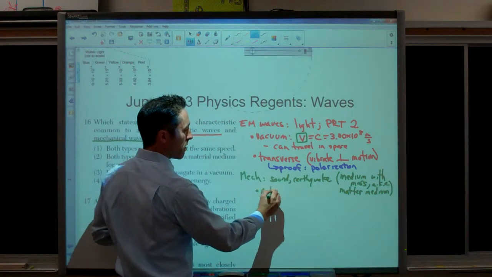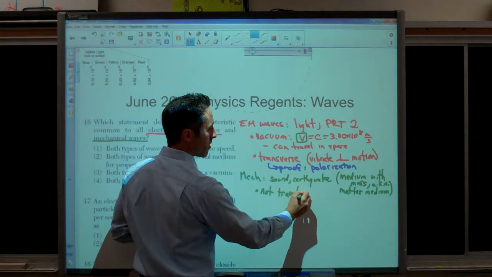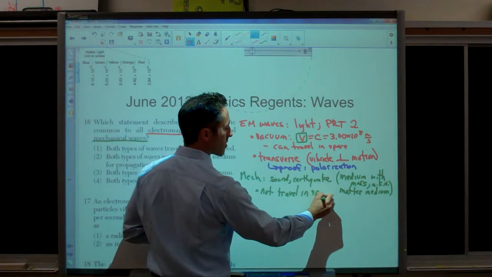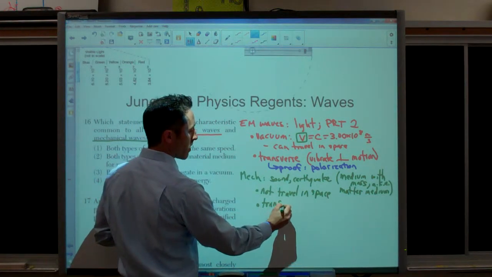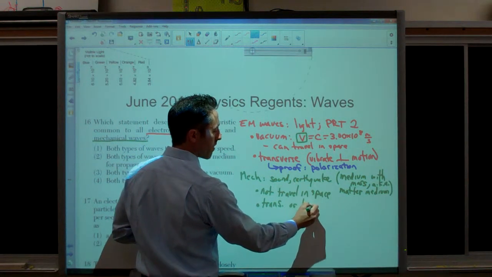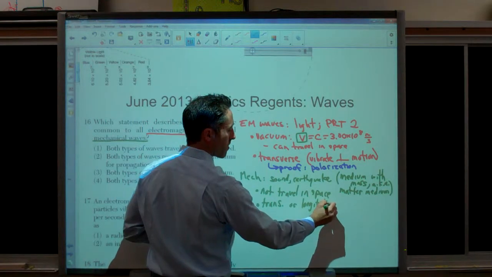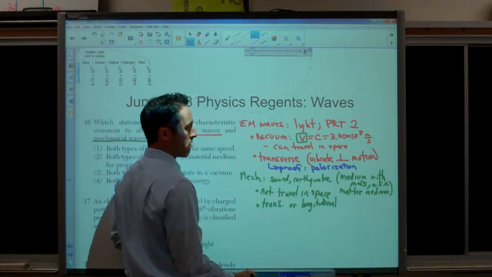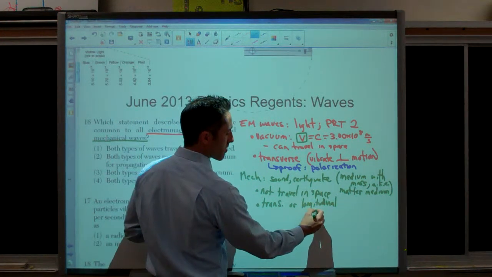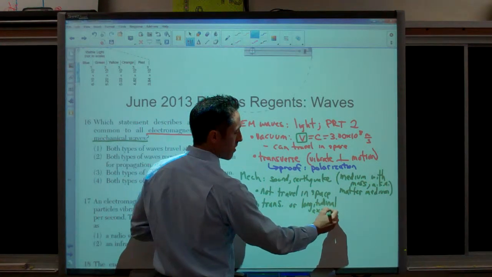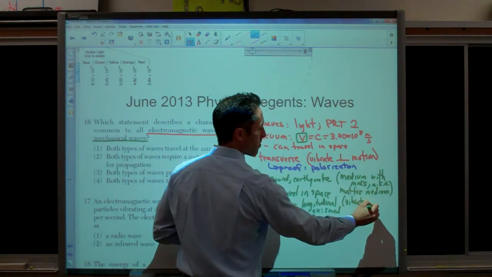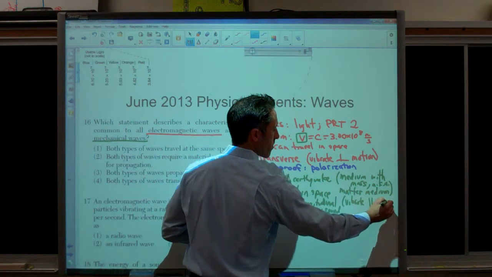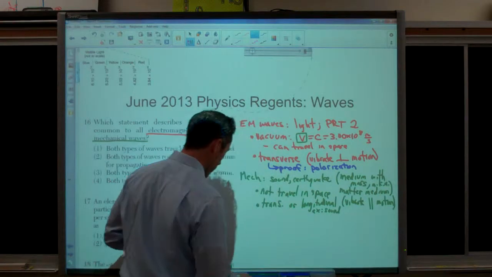They do not travel in the vacuum of space, and they can be, depending on the type, transverse or longitudinal. Now longitudinal, our number one example of that was sound. And longitudinal means the vibration is parallel to the direction of wave motion.